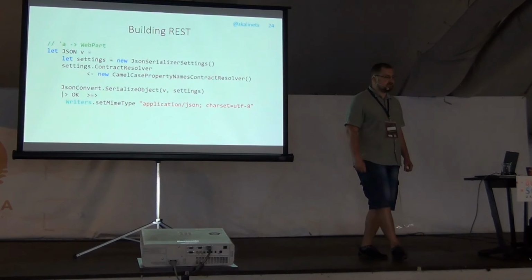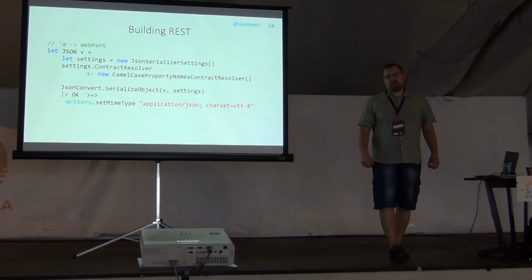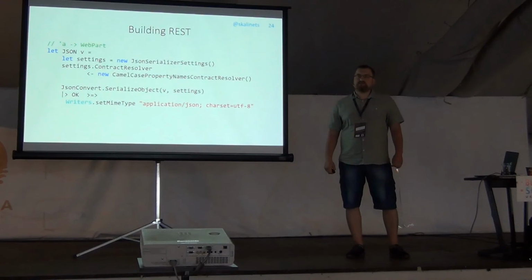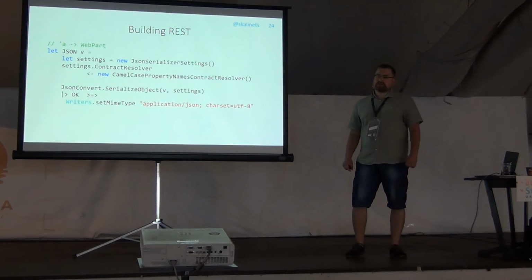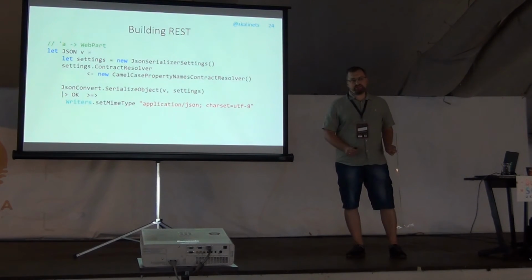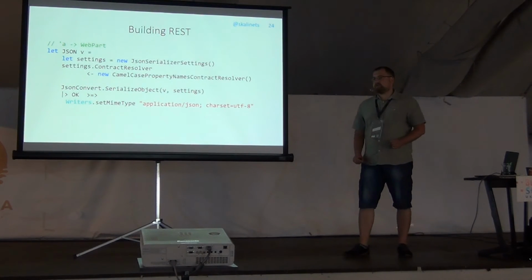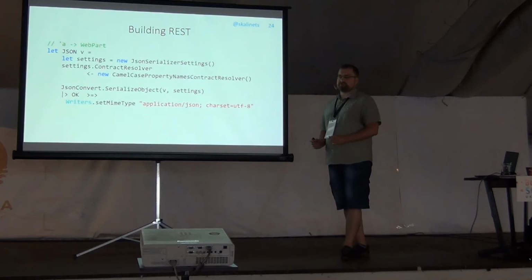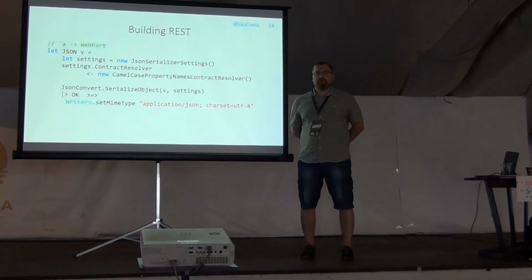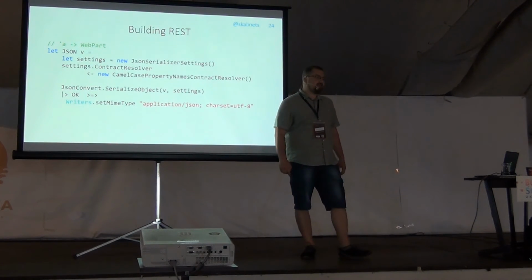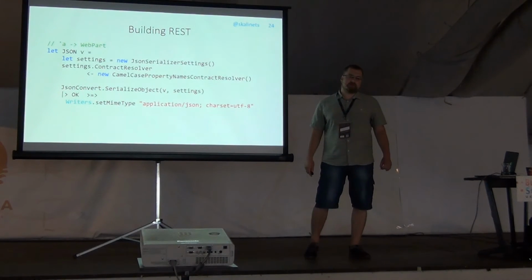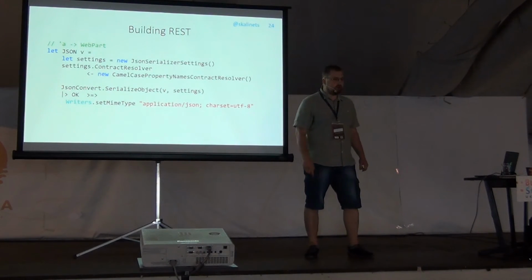It has ability to serialize in JSON. But this built-in functionality is not very cool because it relies on the standard .NET serializers, the JSON serializer. And that JSON serializer requires that your types that you are going to serialize be decorated with attributes. You know this, data members, data contract, and so on.